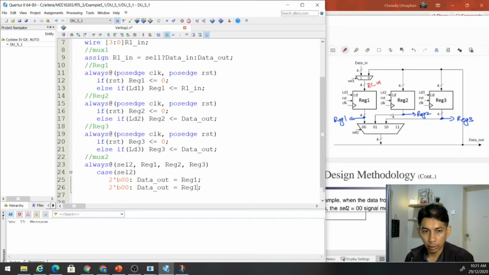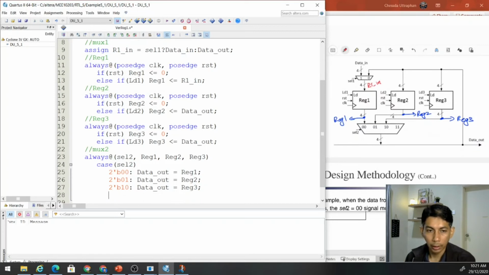So for 0 1, data out should be from rect2, and for 1 0, data out should be from rect3, and we should have this also 1 1.